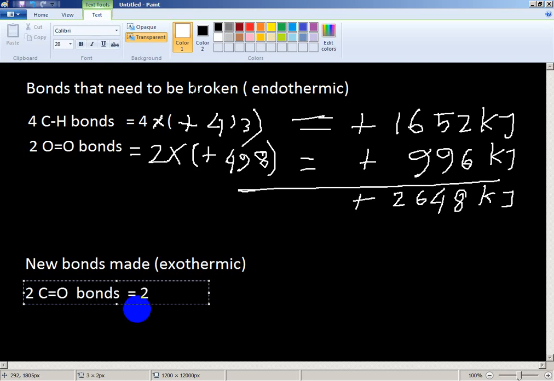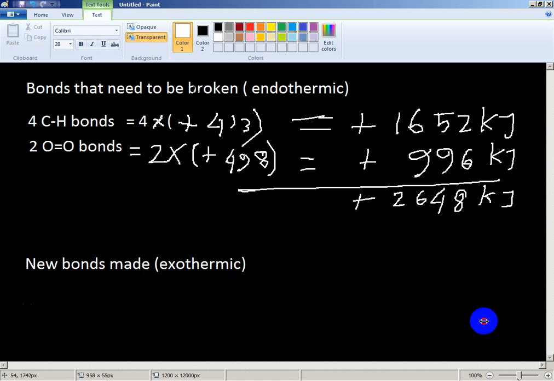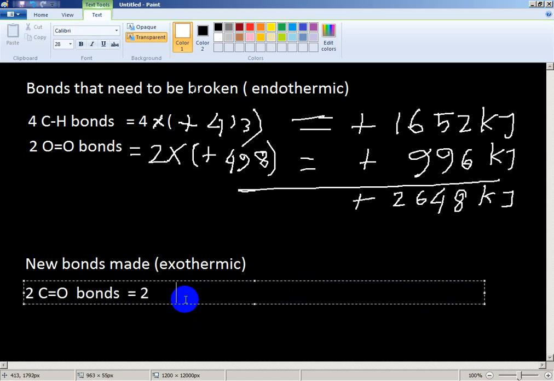Here will be the multiplication sign. I take some space here. It is not possible by typing the multiplication sign. This is not given on the keyboard. We don't use this sign. Multiplication sign. Okay, this is exothermic.